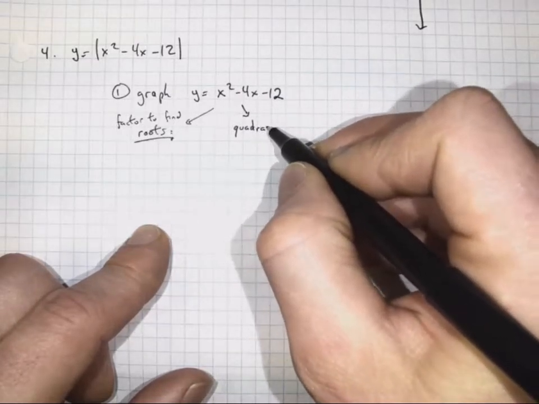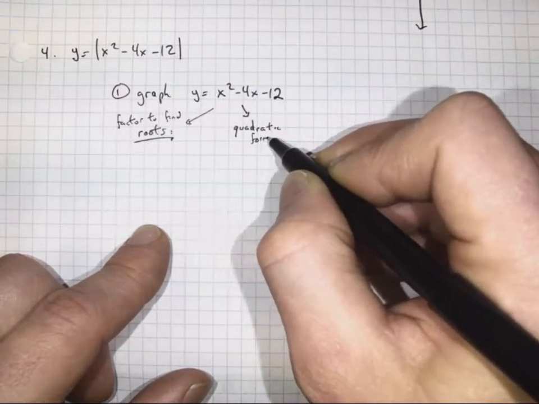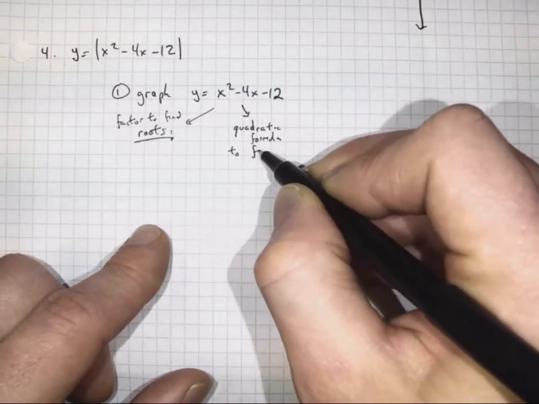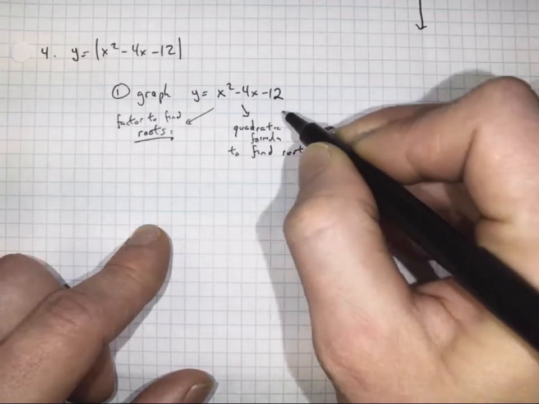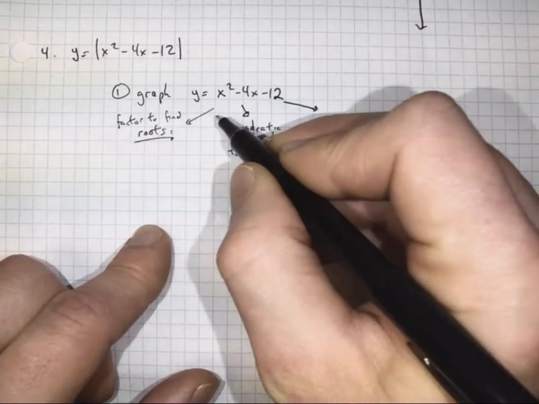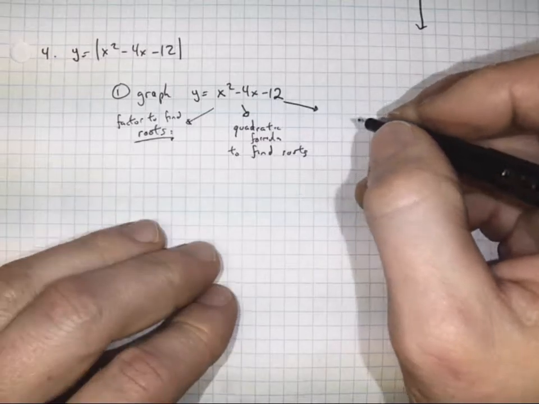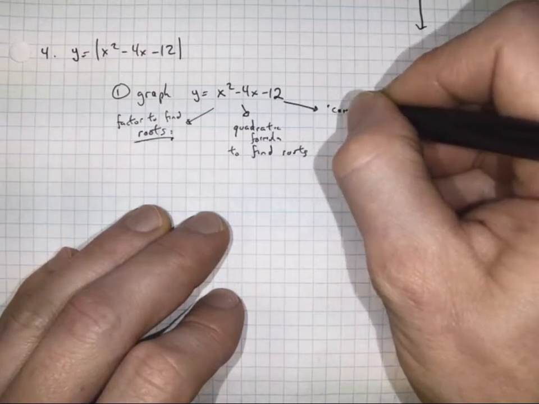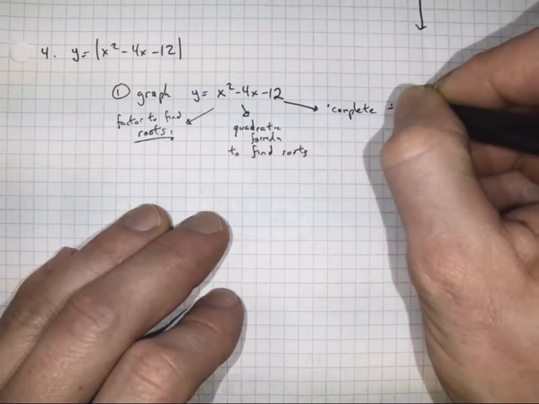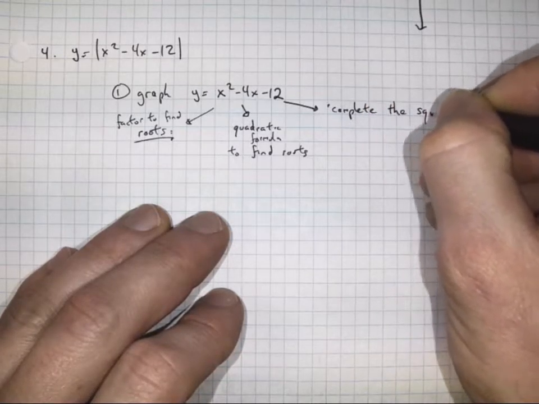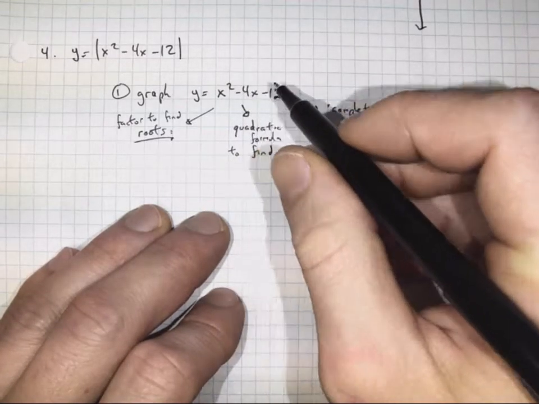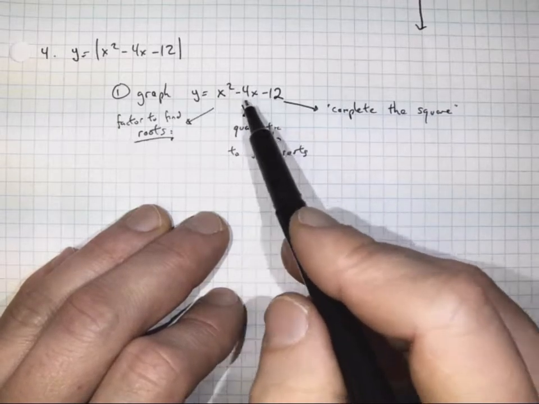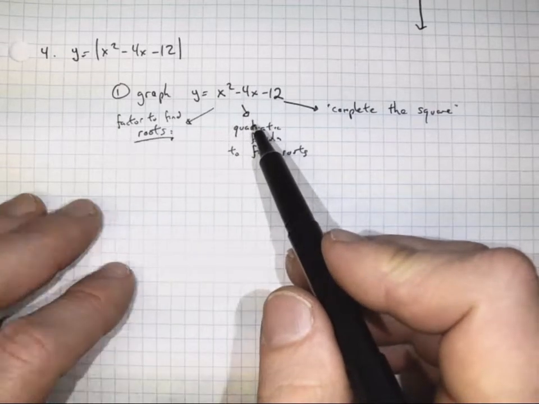We could use a quadratic formula to find the roots. You can also, I'm going to just throw this one at you because you've seen this last year, we could do something called completing the square to rewrite this into some sort of vertex form is what we call it.